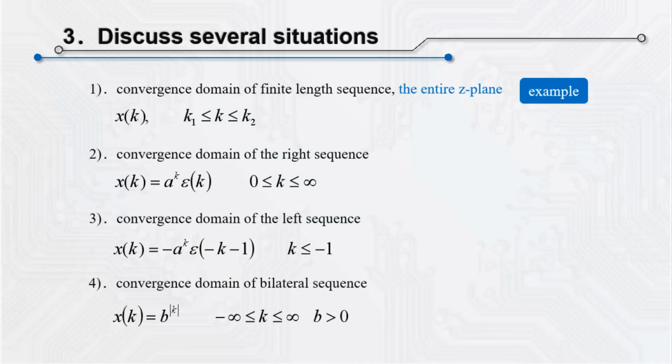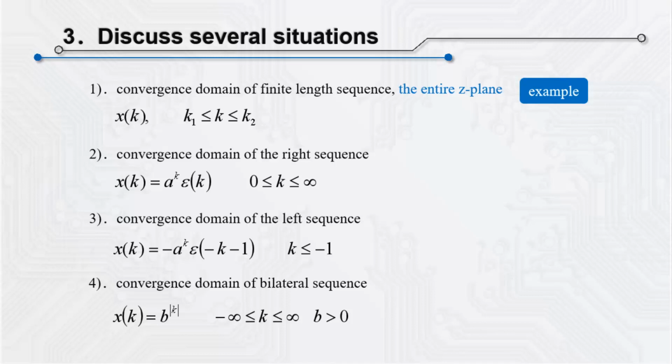In the following, we will discuss the Z transform convergence domain in several situations. In the first case, the convergence domain of a finite length sequence. In the second case, the convergence domain of the right sequence. The third case, the convergence domain of the left sequence.